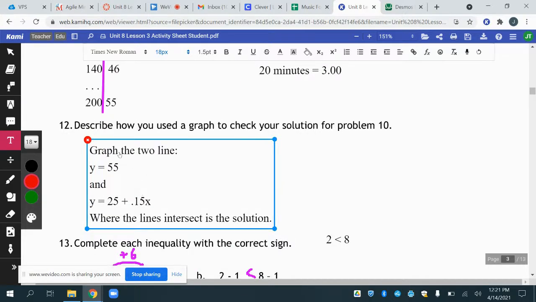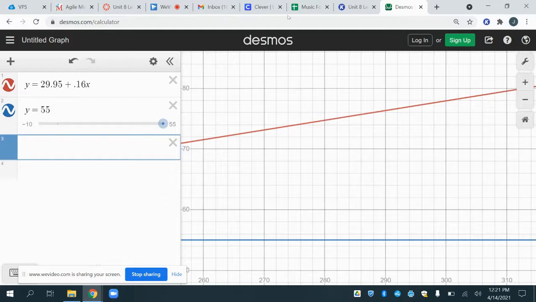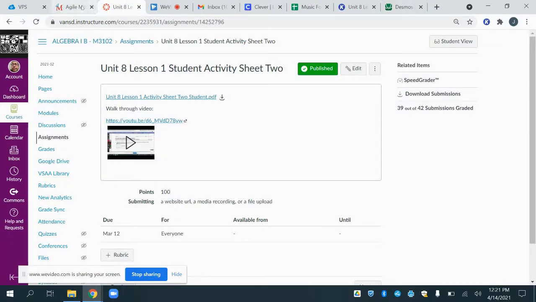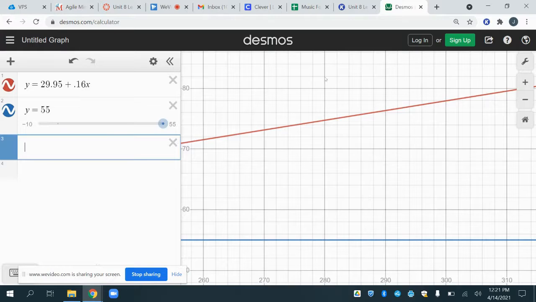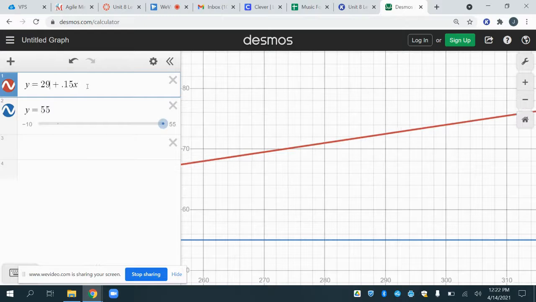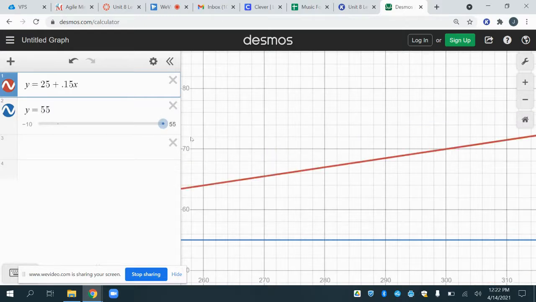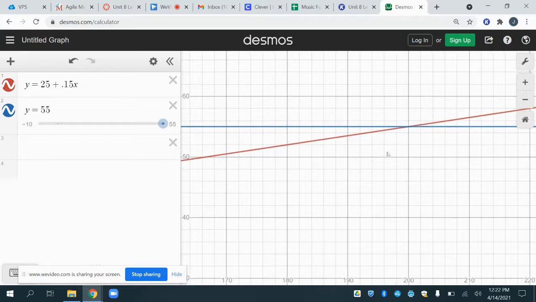You could also graph the lines. Graph this one and that one. I can type them into Desmos. y equals 55, and y equals 25 plus 0.15x. Let's see where they cross. Here's where they cross: 200, 55.